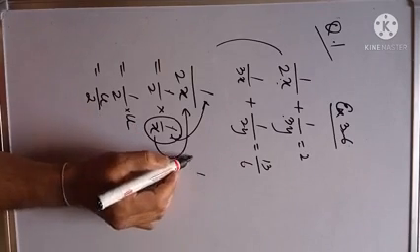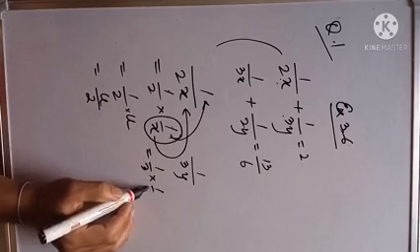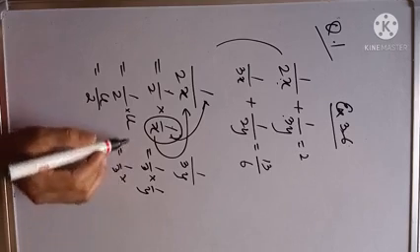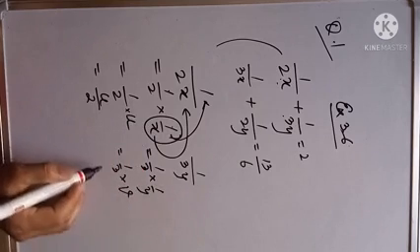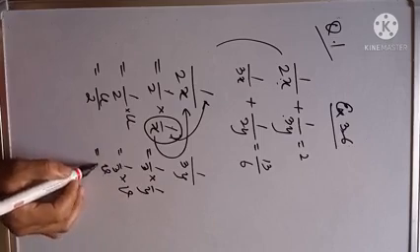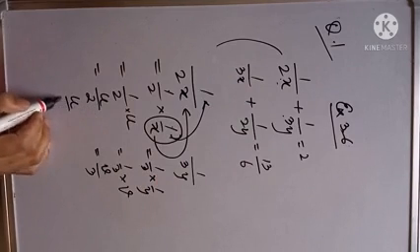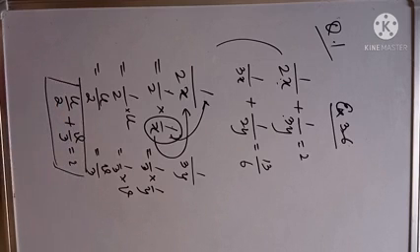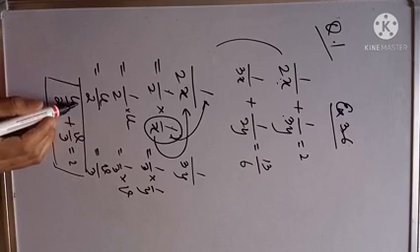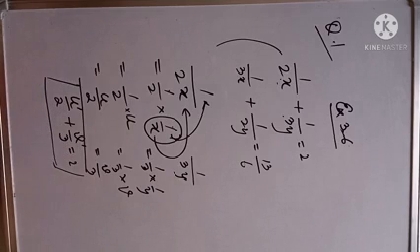Similarly, in place of 1 by 3y, you can write 1 by 3 into 1 by y, and like I replaced 1 by x as u, you can replace 1 by y with v. It will be v divided by 3. So the given equation can be written as u by 2 plus v by 3 equals 2. Now it becomes a linear equation. How? For u the power is 1, and for v the power is 1, so the biggest power is 1. Therefore, it becomes a linear equation. This is what we have to do first.